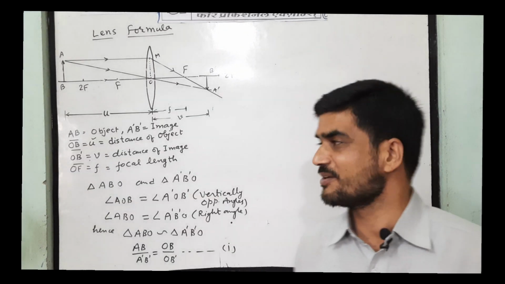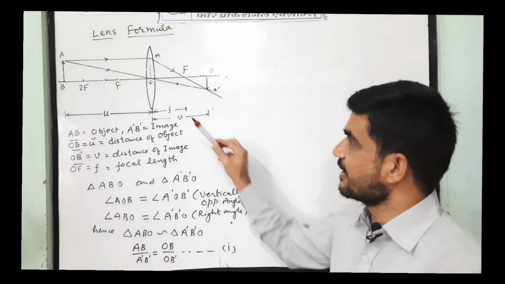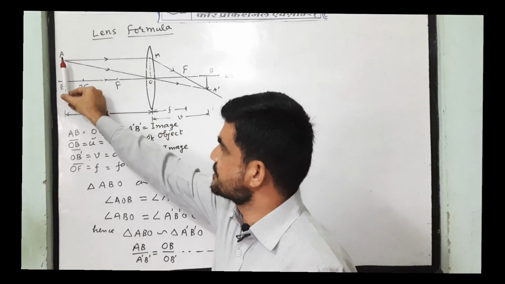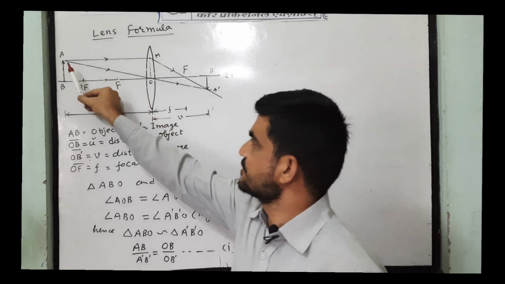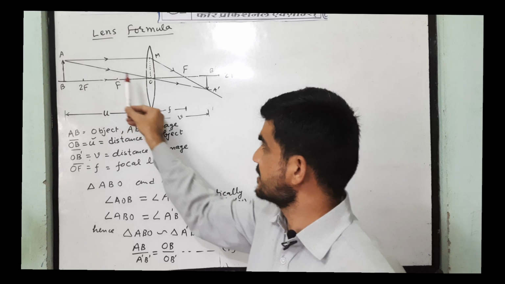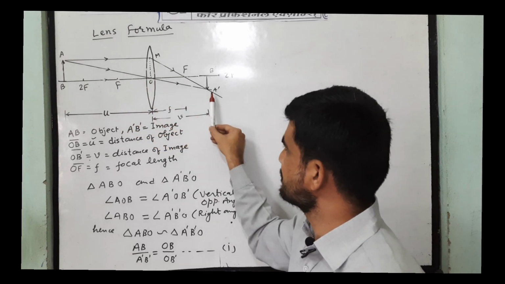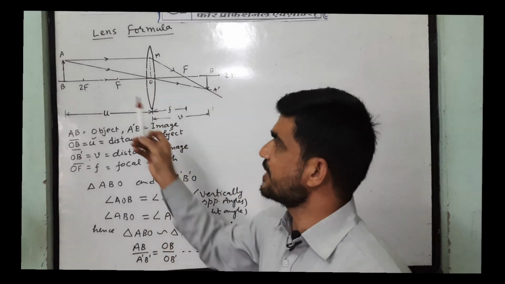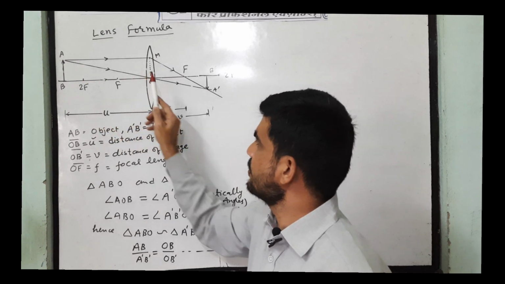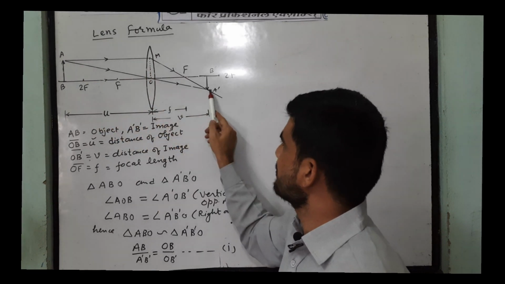Clear? See once again, the rays are coming from this object. So I took two rays. One ray is parallel to the principal axis, one ray is incident at O, and the image A prime B prime is formed. So for the derivation, I took two triangles ABO and O A prime B prime.